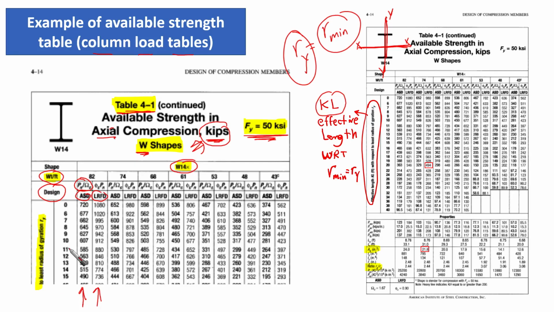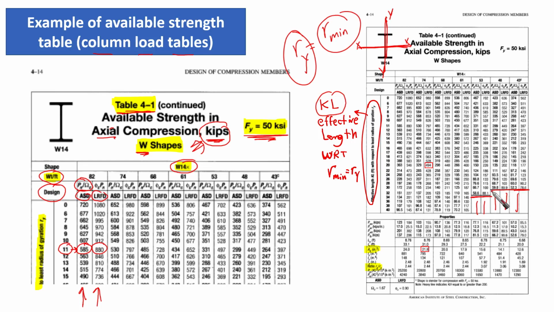So if we go to a specific value here, it gives us the required available strengths in axial compression, whether for ASD or for LRFD. And you are going to find something interesting in the table: a thick line here, and then nothing, a white area.